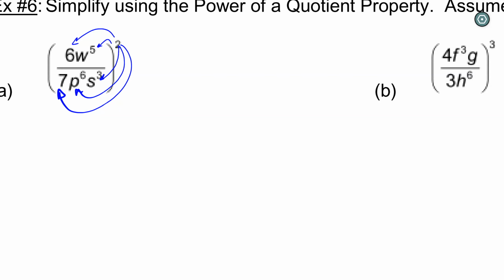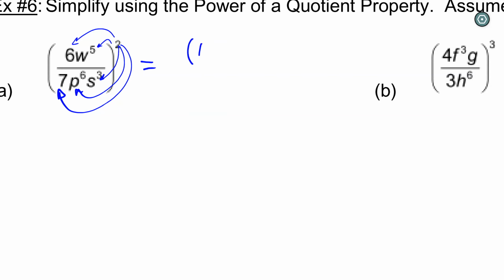So for the power of a quotient property, if you look at the table on that page, I'm telling you which one to look at, and I put them all in one place. The power of a quotient property says if you have x over y to some power, you can rewrite the whole thing as the top to the power over the whole bottom to the power.